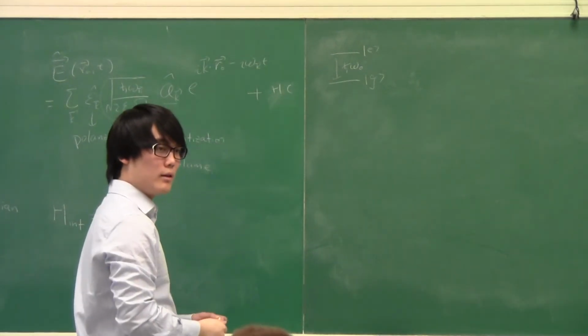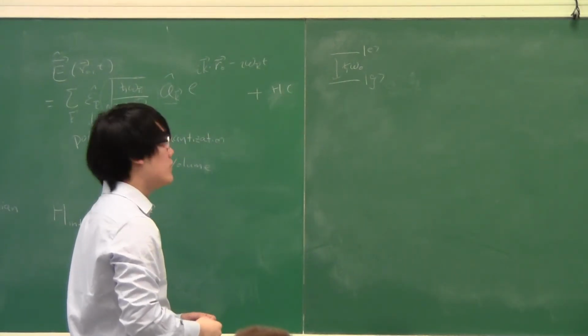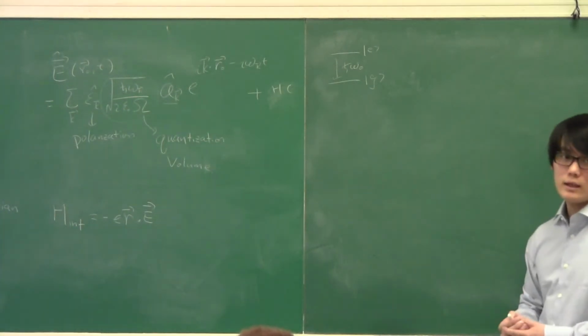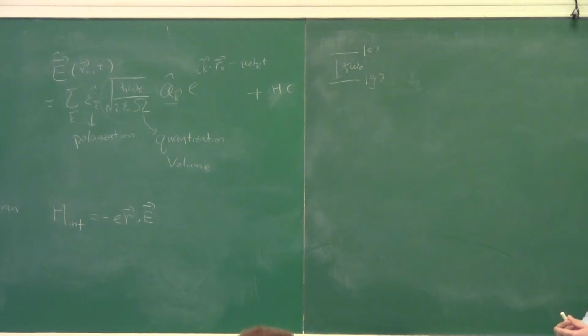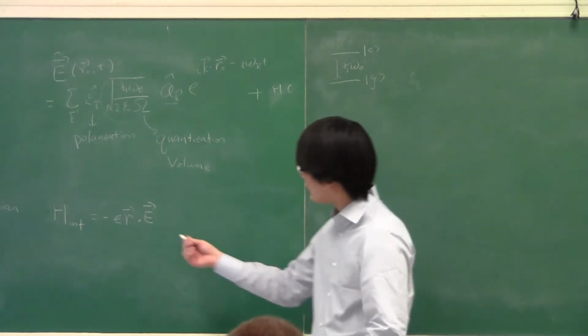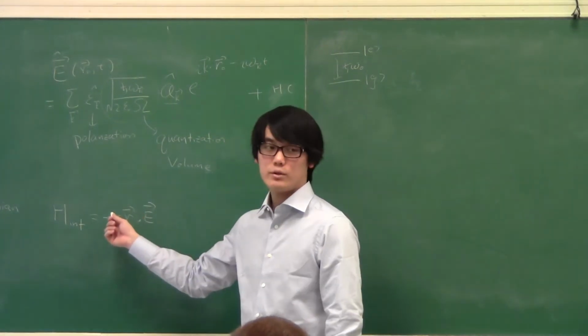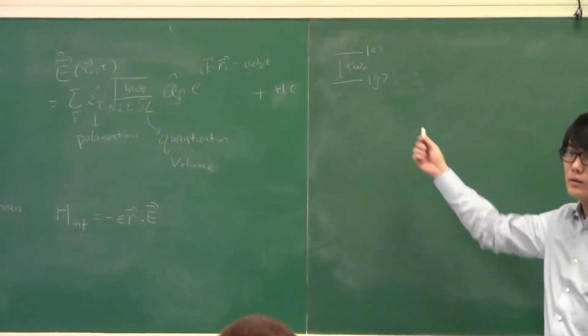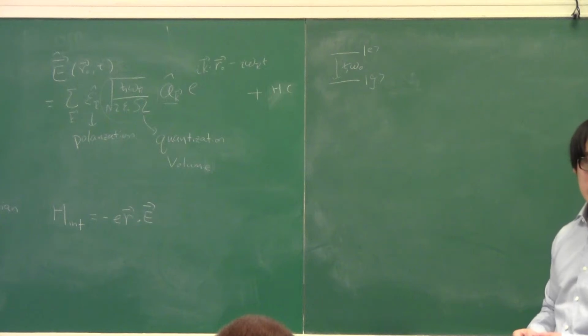With this, I can quantize the atom. Not really quantizing it, I basically just turn this r operator and represent it onto these two relevant atomic states. So how do I do that?